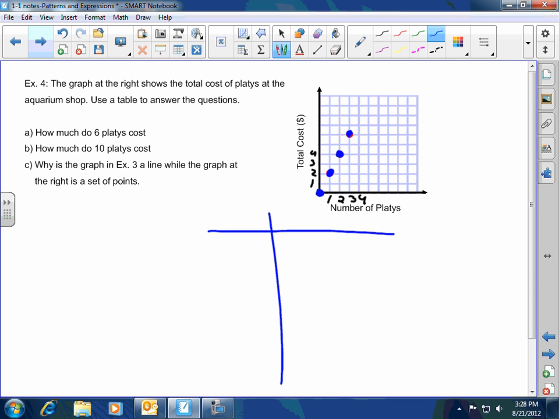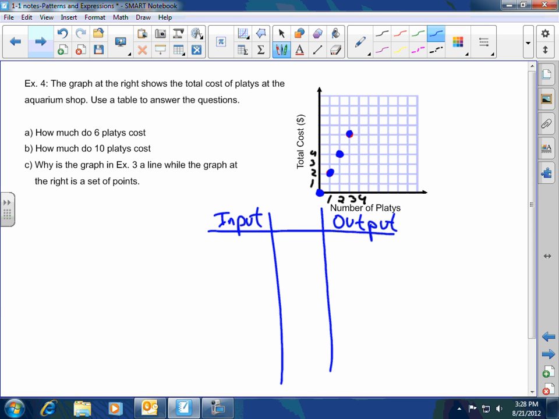We've got our input, and we've got our output. Input is the number of plats, and output is the cost.